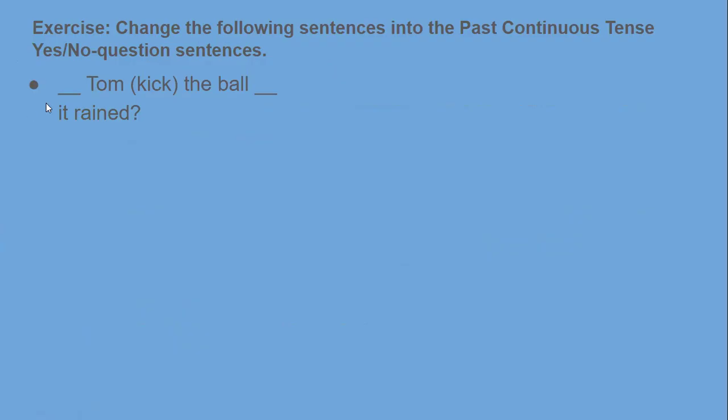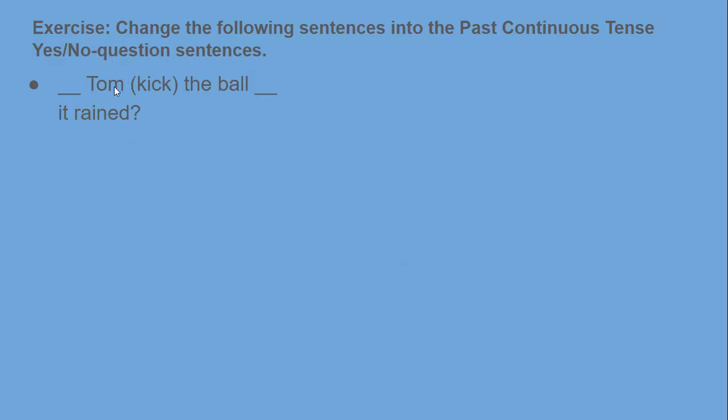The first sentence, we have gap here, gap, Tom kicked the ball, gap, it rained. You can see here the second action is in the simple past. So it means there was an interruption. So we need to connect the two sentences using when. And of course, we need to start with the past verb to be, and that is informed by the subject.